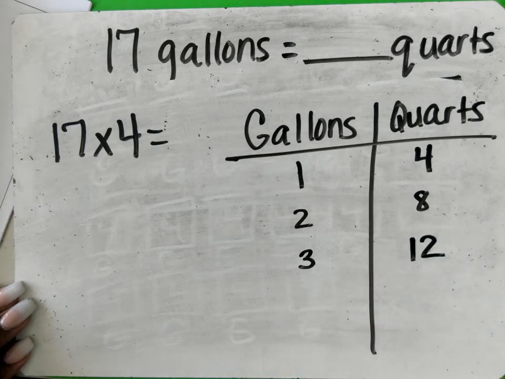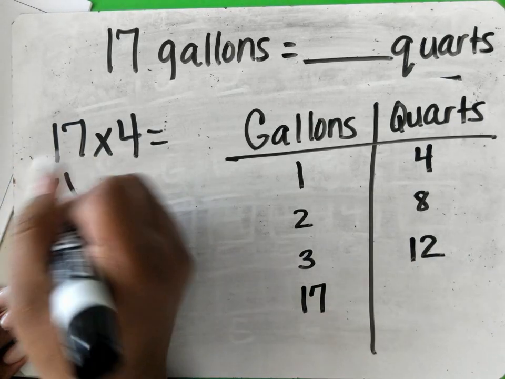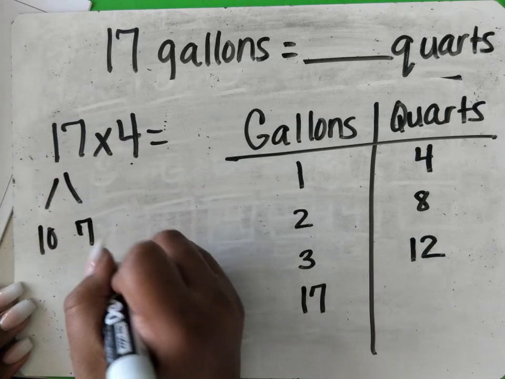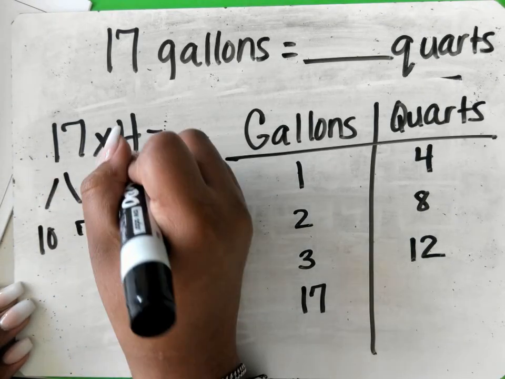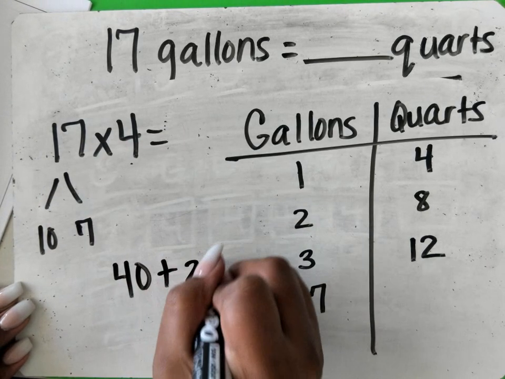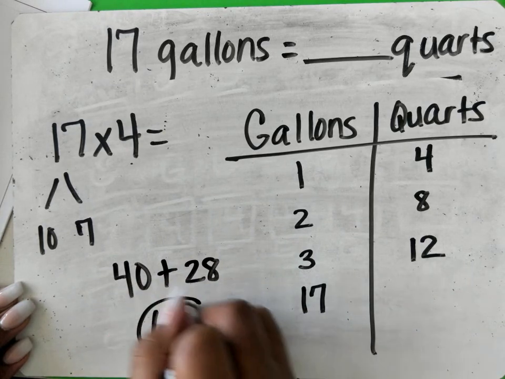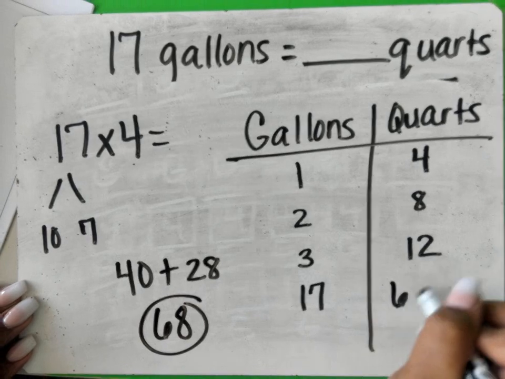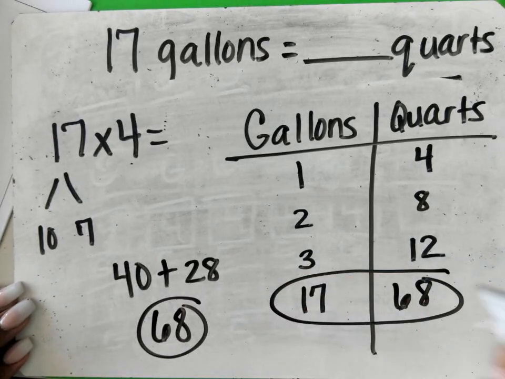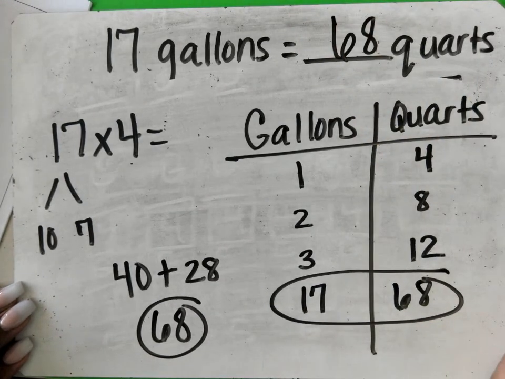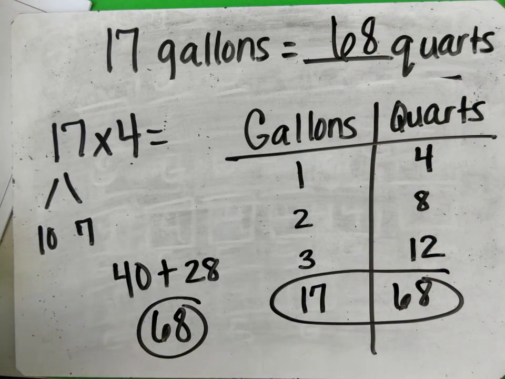And eventually you're going to keep going until you get to 17 gallons to work out 17 times 4, decompose 17. 4 times 10 equals 40. 4 times 7 equals 28. 40 plus 28 equals 68. So I have 68 gallons. I'm sorry, 68 quarts in 17 gallons. And that's the only thing that you're doing.